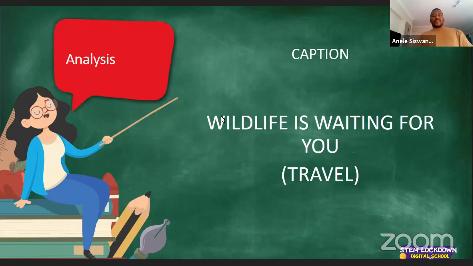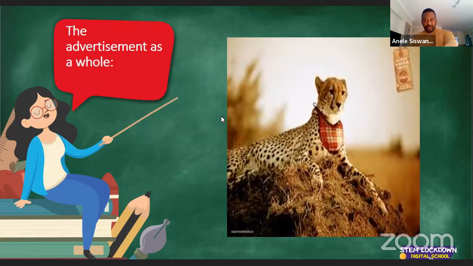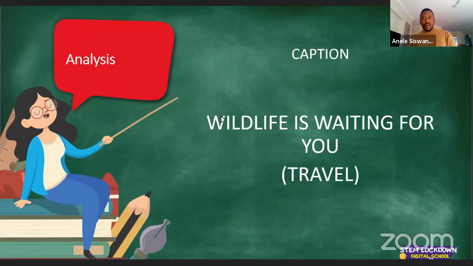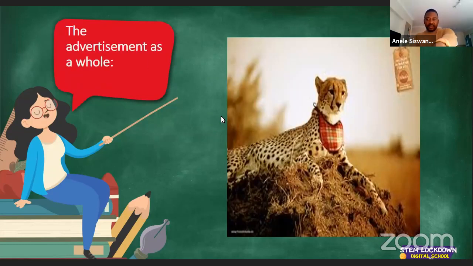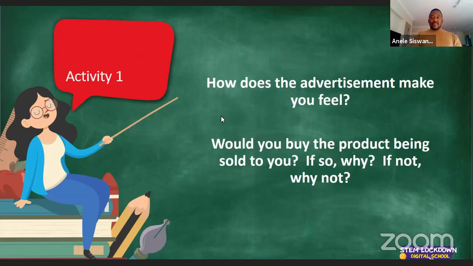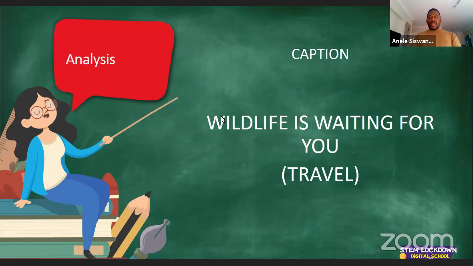So let's look at the caption, right? The caption of this picture, of what you see, it says, wildlife is waiting for you. That's what the caption says. So underneath this advertisement, you find a caption that says, wildlife is waiting for you, travel.